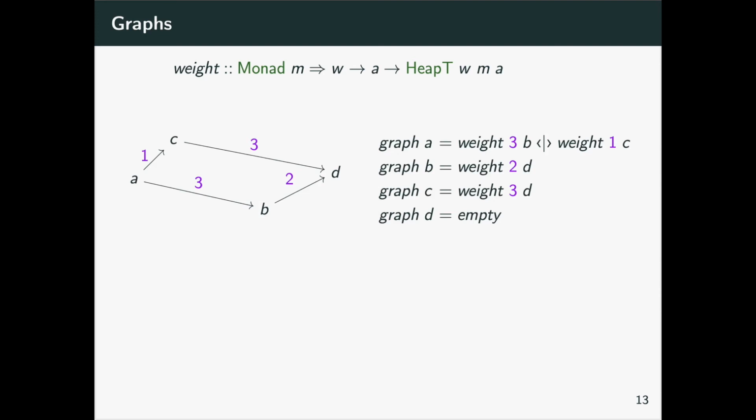For instance, this graph on the left with the nodes A, B, C, and D, where the edges have weights in the natural number monoid. For instance, the edge from B to D has a weight of 2. That graph is represented on the right there in the graph function, which takes in a node and then returns a heap monad computation of the adjacent nodes, each of them tagged with the weight it took to get there.